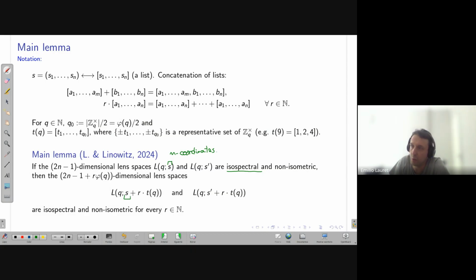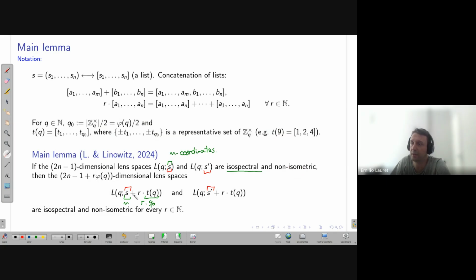To our n coordinates, we add to both of them q0 coordinates, r times. And we did it to both of them the same, okay? The only difference between these two length spaces is still the coordinate of S and S prime that were here, all right? So these new length spaces are again isospectral and non-isometric.